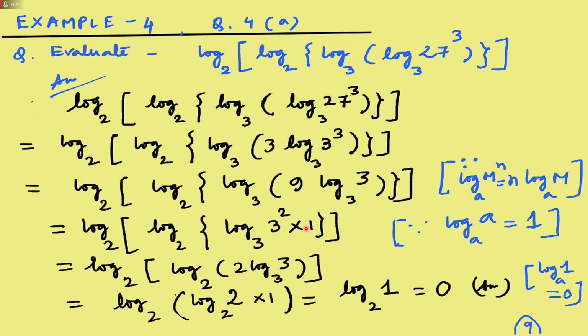Okay. Now I am considering question number 4a. What is the question? Evaluate log base 2 of log base 2 of log base 3 of log 27 cube base 3. So this is in the first bracket. We all know that we have to start from this first bracket.